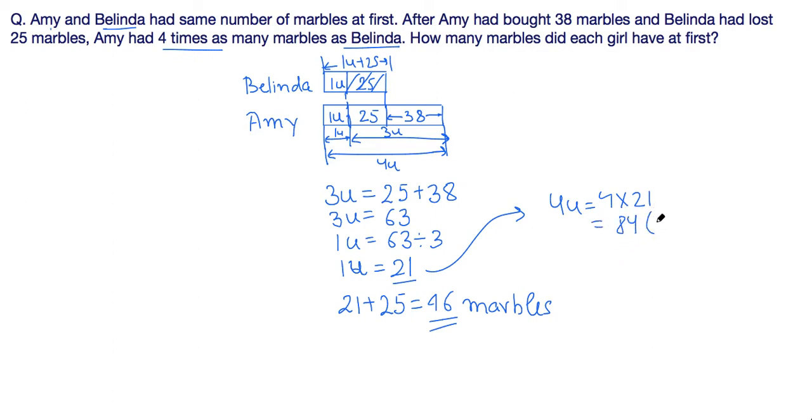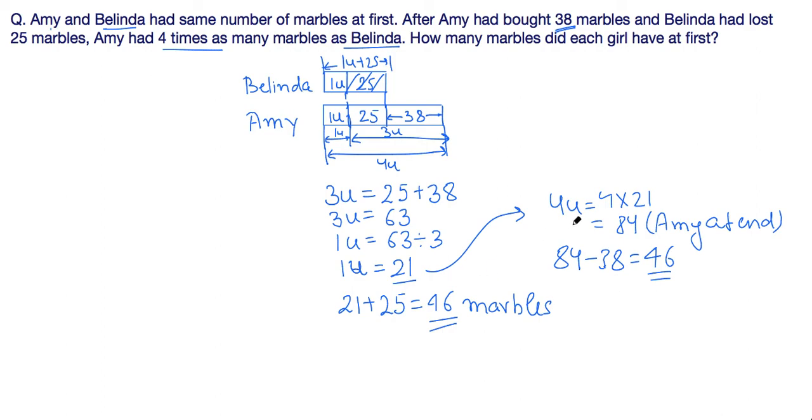So this was what Emmy had at the end. How much did she have in the start? She had 84 after buying 38 marbles, so you can just subtract 38 from 84 to get how many marbles Emmy had at first. If you do 84 minus 38, it will also give you the same answer, 46.